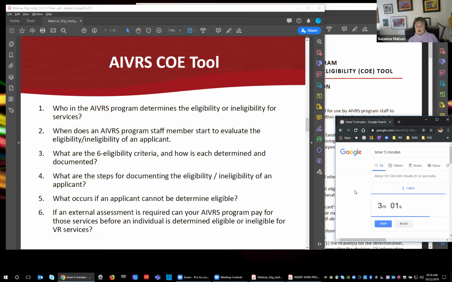Clyde wants to know what question number 3 means. Question number 3, what are the 6 eligibility criteria and how is each determined and documented? So when you're determining eligibility, what are the criteria that you look for to have that individual become eligible? Think of the very first thing you want to do: is the individual a member of a federal or state recognized tribe?